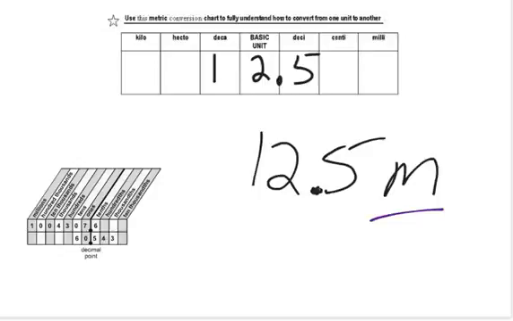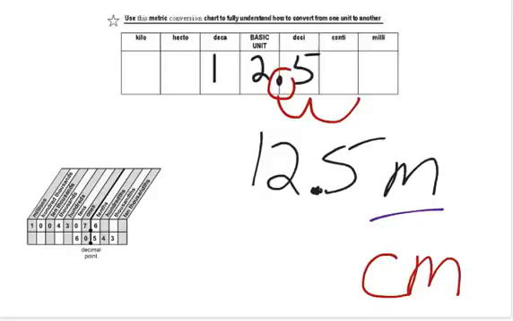12.5. Now, I want to know how many, for example, centimeters that is. I will just move the dot that is right here. I will move it after centimeter because now I want to find centimeters.